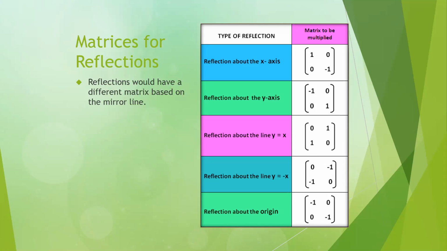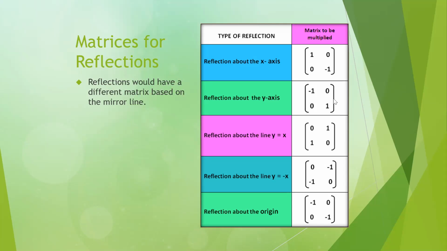So in case you use a wrong matrix, you say, oh no, my answer couldn't be looking like that, and you can go back and try out a different matrix.